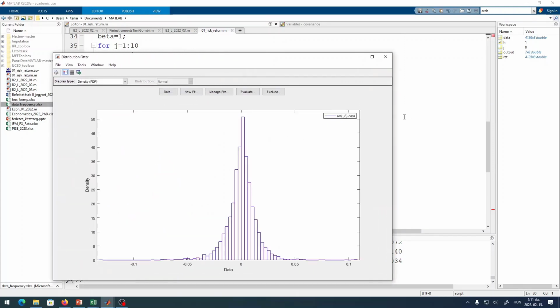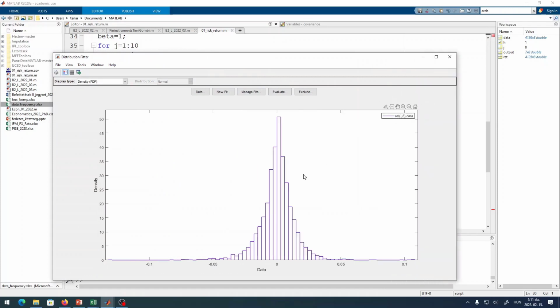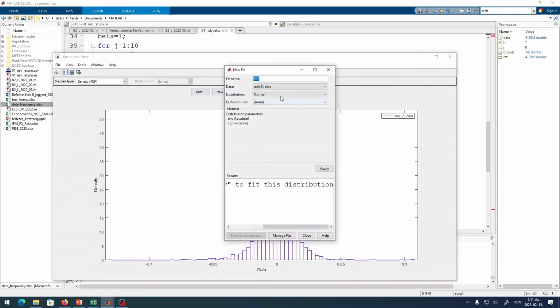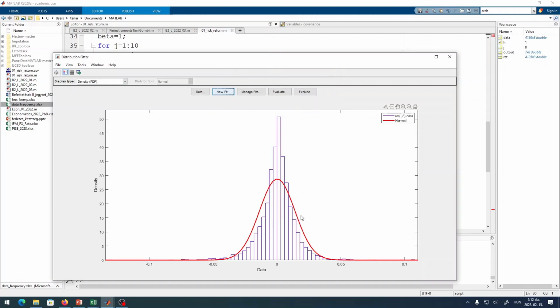And now we can see graphically what the consequences are of it not being normally distributed. Distribution normal, apply. So the first problem is that around the expected value, the market is way lazier than it's supposed to be.